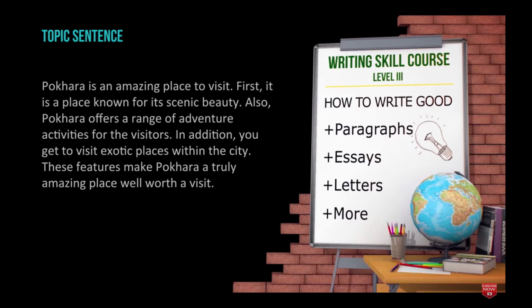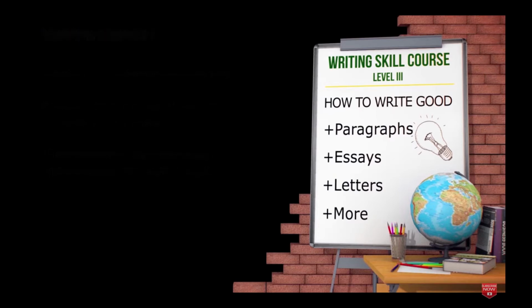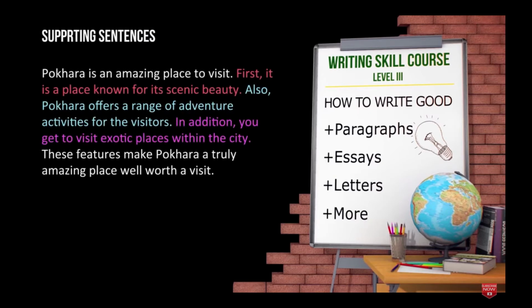Let's look at each of them. First, it is a place known for its scenic beauty. Also, Pokhara offers a range of adventure activities for the visitors. In addition, you get to visit exotic places within the city. As you can see, all of these three supporting sentences support the topic sentence, Pokhara is an amazing place to visit.